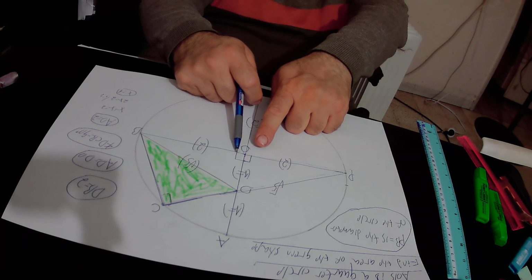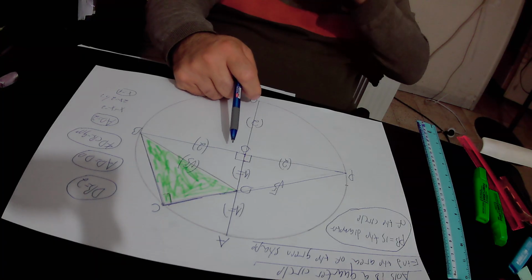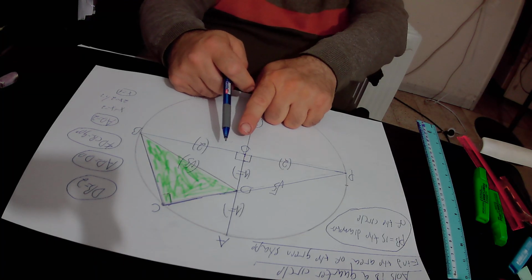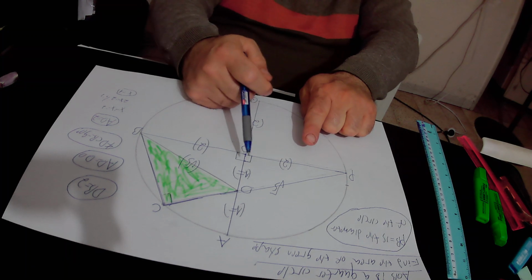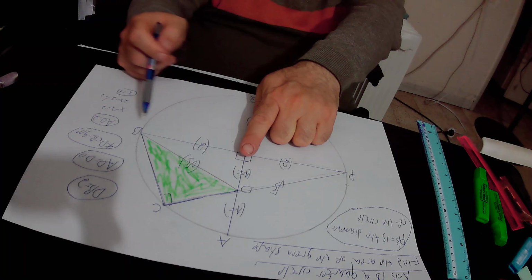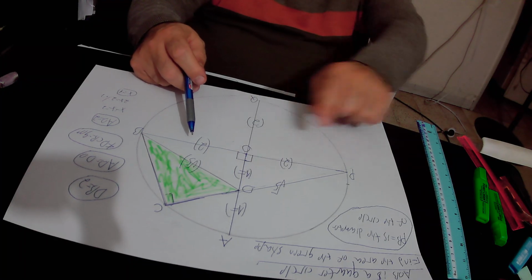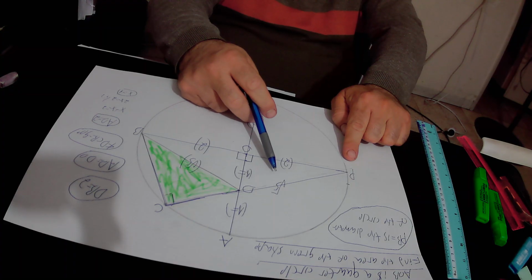So those two right triangles are congruent according to the side-angle-side rule, and therefore all the sides of the right triangle DOB must be equal to the sides of the right triangle DOP. Therefore the hypotenuse DP equals the square root of 5 units.